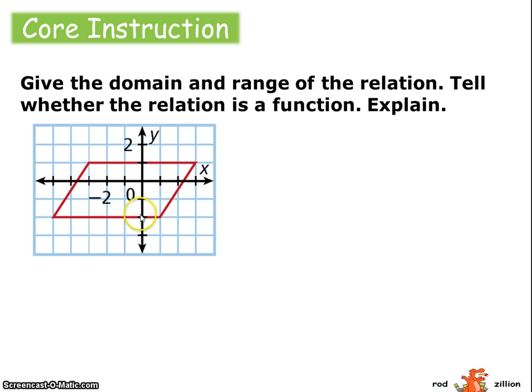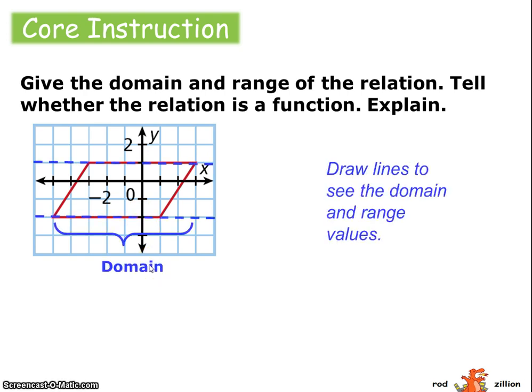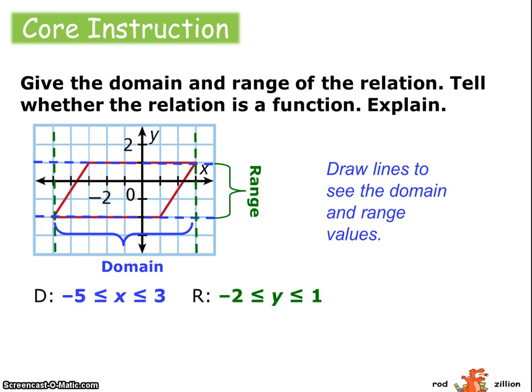And our y values range from 1 to negative 2. There's our x values, our domain. Here's our y values. So the x values are greater than or equal to negative 5 and less than or equal to 3. Y values are greater than or equal to negative 2 but less than or equal to positive 1.